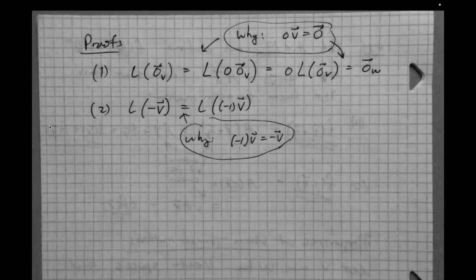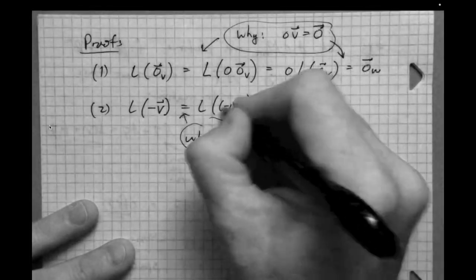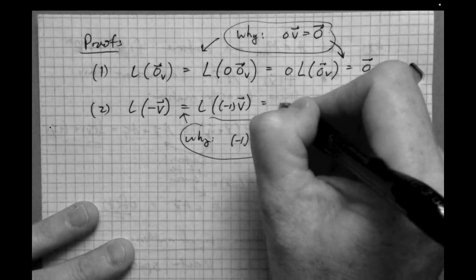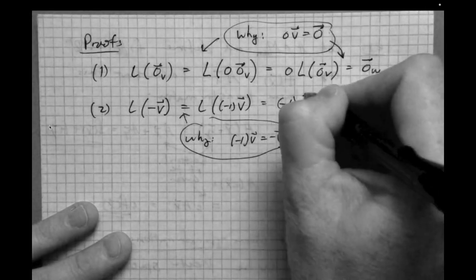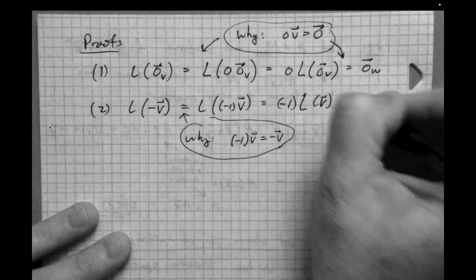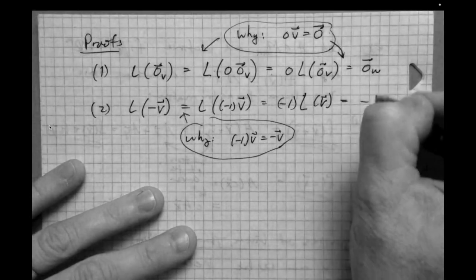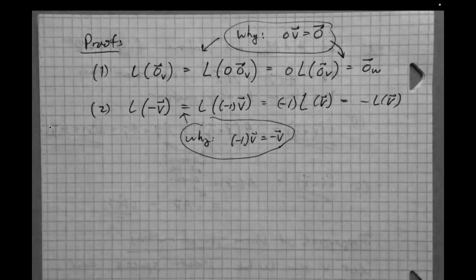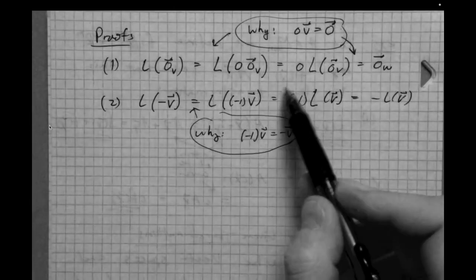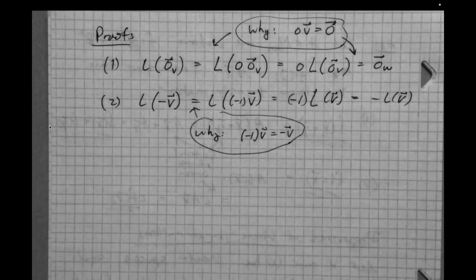And so again, you have to go back and look at the early stuff on vector spaces. Okay. And so we can pull the scalar out. We just saw that. So negative 1 times L of v. And so we get negative L of v, which is what we're trying to prove. Okay, so that's fine. Good enough, right? L of v is a vector, and negative 1 times a vector is the negative of the vector, right?